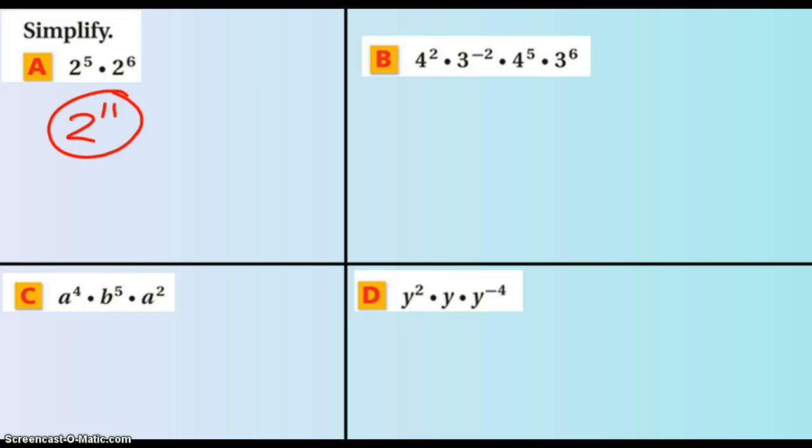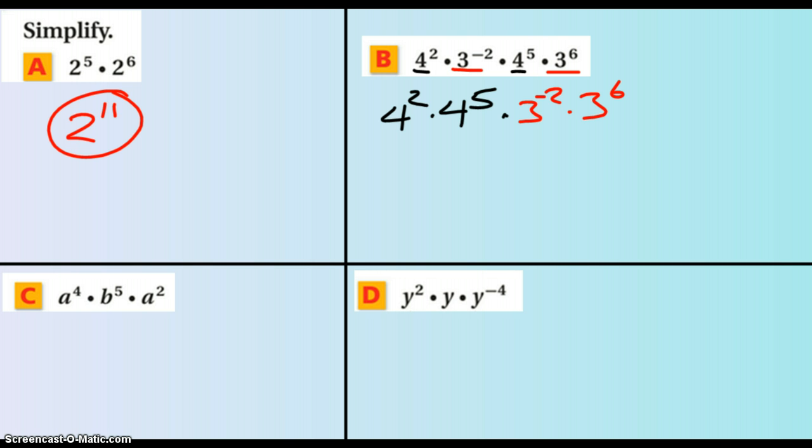Letter B, you have to do a little bit of regrouping here. Use the commutative property to reorder the multiplication. So the 4's are the same base, so 4 to the 2nd times 4 to the 5th, and then I'd have times 3 to the negative 2nd times 3 to the 6th. And then we can just add these together.